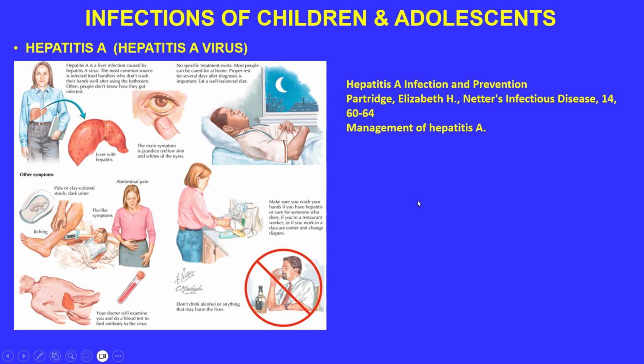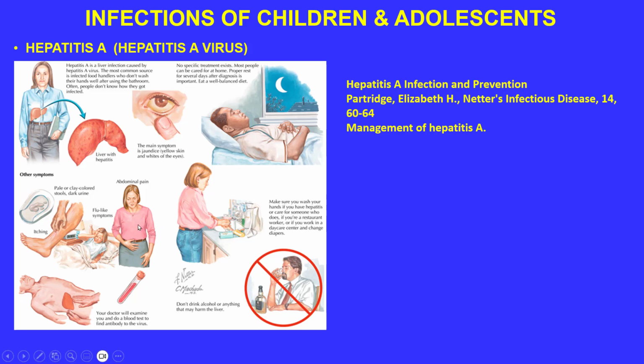There may be some other symptoms, such as a pale or clay-colored stool and dark urine. The stool is because the infected liver is not producing a sufficient amount of bile. Okay?